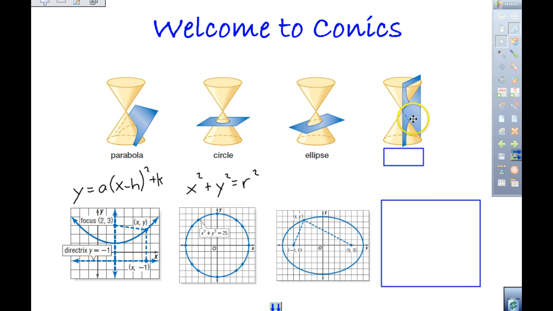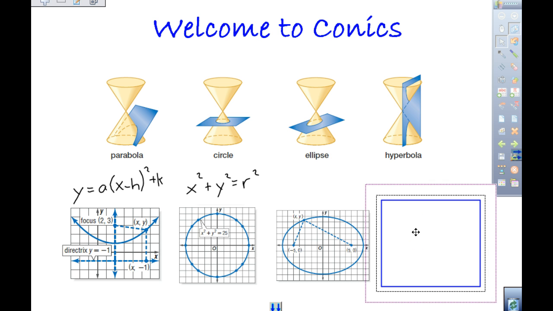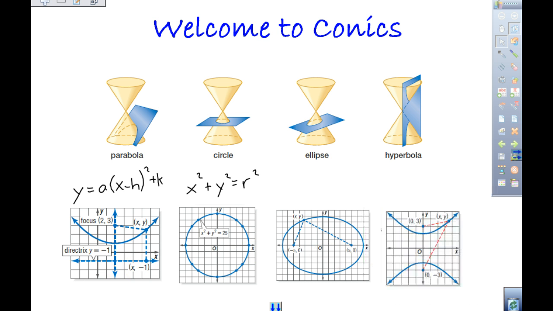And then what if you take this vertical cross section where you have really two parts to the graph. It crosses at the top and it crosses at the bottom. Called hyperbola. And graphing those.